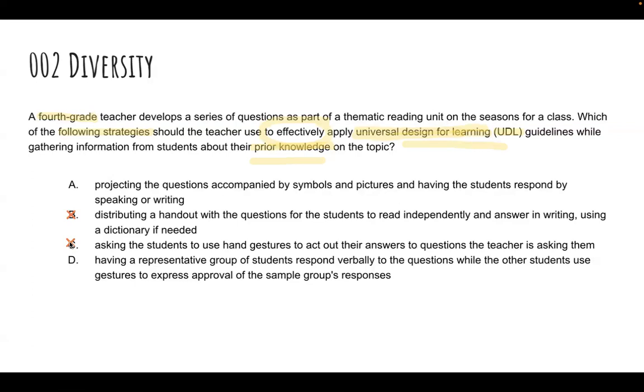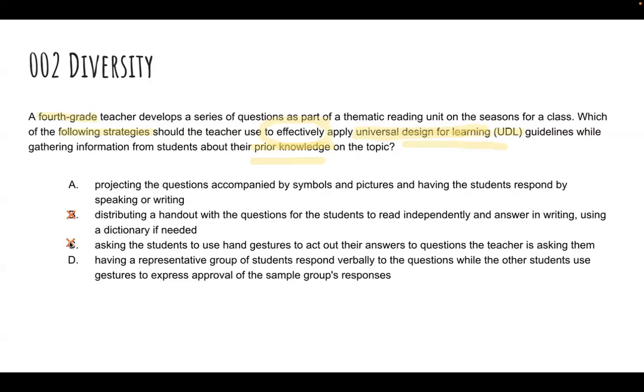It's not the most effective way for a teacher to gather knowledge about the students' prior knowledge, right? And the students are going to be confused. How are they going to be able to express their gestures, unless they're champions or they know American Sign Language? But either way, C is not the best answer, and we could bet ourselves $5 about that.